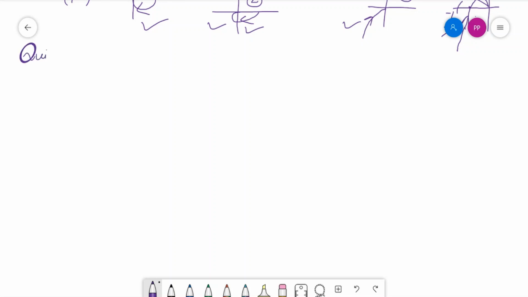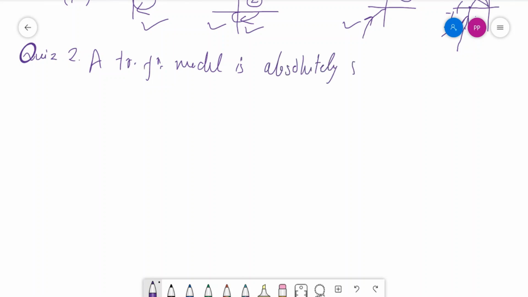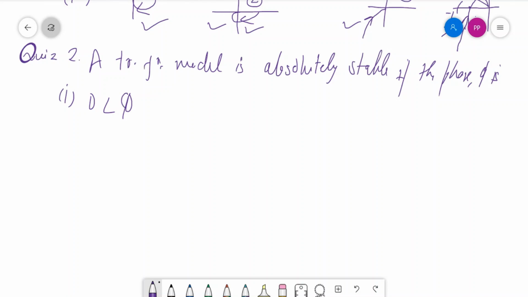A transfer function model is absolutely stable if the phase phi is, number 1, 0 is less than phi less than -90 degree.